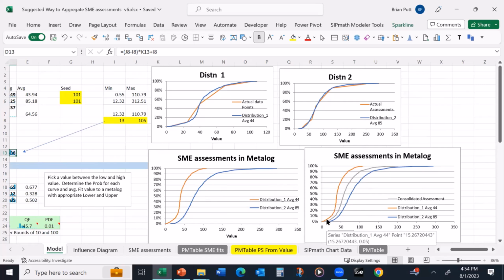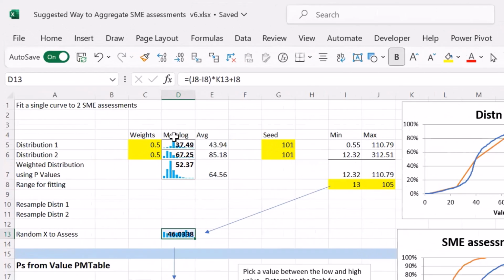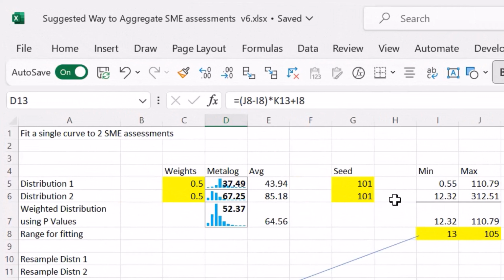But I want to ask the question, how does that compare if I just average the values for the same percentile? Well, when I sampled these two metalogs, I used the same seed, meaning that I sampled the same value. These are the weights. So here I sampled, that's the seed.